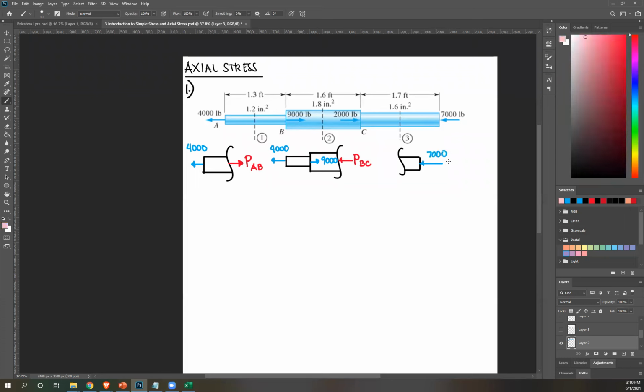Once again, to put this in equilibrium, I need another force to the right, and that is your PCB. It's not written, but this should be force point B. Let me just move this. PCB.